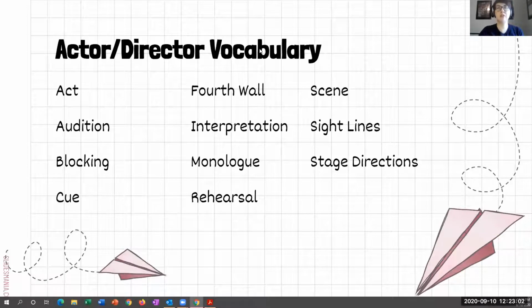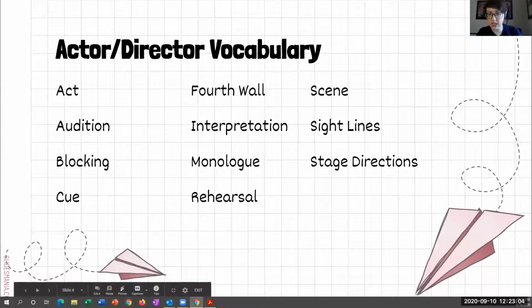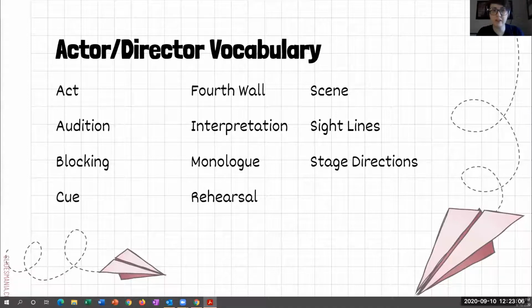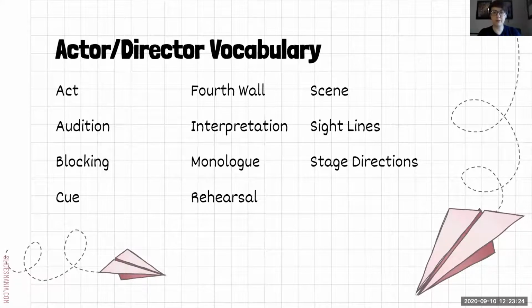And I've broken the vocabulary sheet down today into categories of who uses that vocabulary, okay? So I want you to look at this first section. Is there any particular word that you did not understand the definition of from the vocabulary sheet?